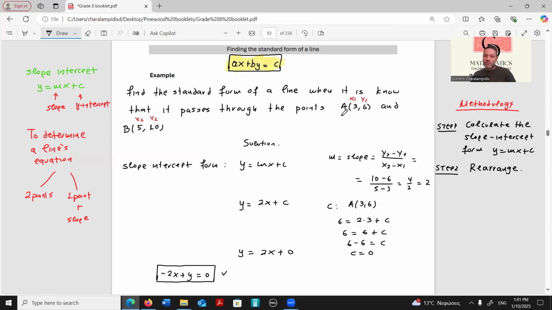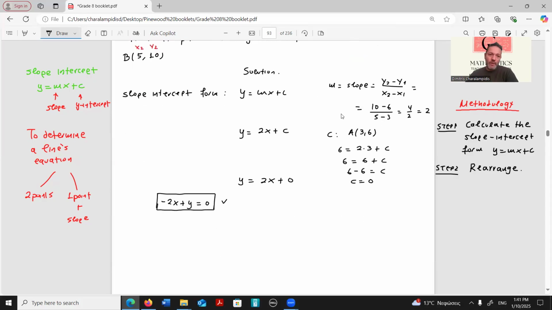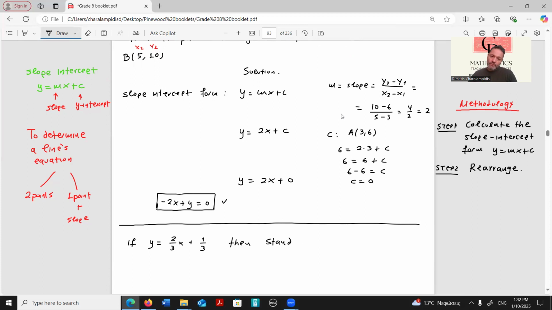Now, I want us to be extra careful on the following. Assume, for instance, that the proper way that this will be introduced, especially as we grow older, let's say in the IB or in the A levels, if y is 2/3 x plus 1/3, then the standard form would have been minus 2/3 x plus y equals 1/3.